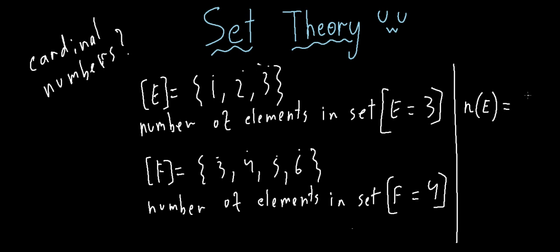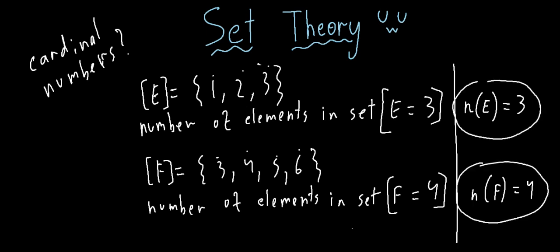This is the cardinal number and this is the number of elements, so we'll write 3, and the cardinal number of F will be 4. So that's the cardinal number. It's simply the amount or the value of the elements.